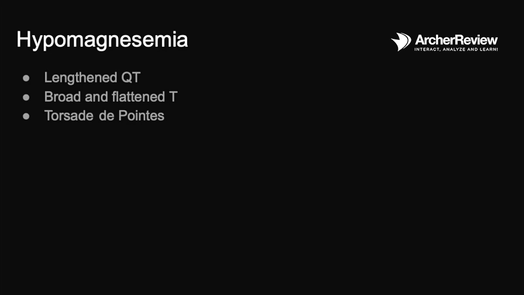And then there's a very important odd rhythm change that we can see with hypomagnesemia, and that is torsade de pointes. If there is an NCLEX question about magnesium abnormalities and EKG changes, it is most likely to be torsade de pointes. So let's look at an EKG of the lengthened QT and the flattened T wave, and then we'll examine exactly what torsade de pointes is.